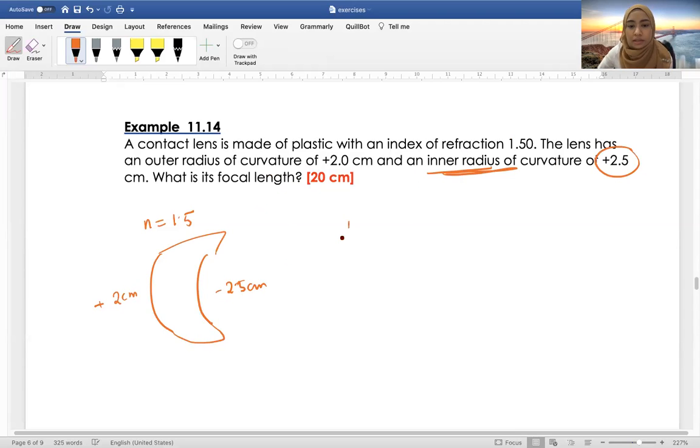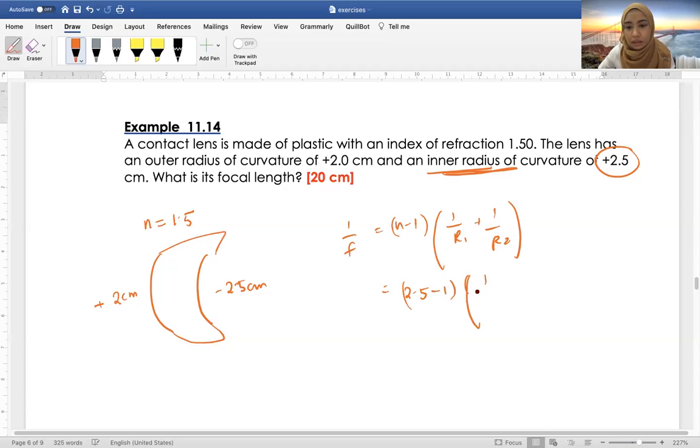Okay, using your Lens-Maker's equation, n minus 1, write your equation first. You should get marks for this, 1 over r1 plus 1 over r2. n is 1.5 minus 1. Then we have the r as 2 centimeters plus minus 2.5. Use a calculator.